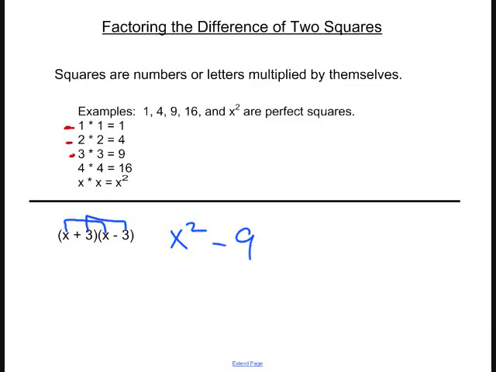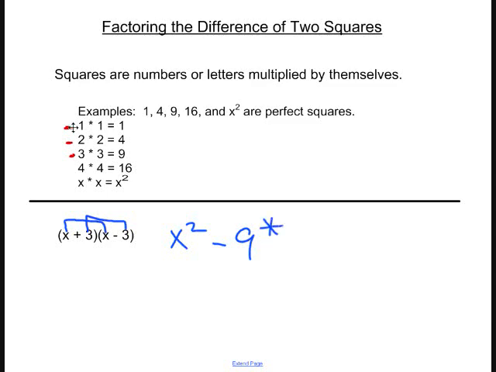So every single time that we have this situation, we always know that we can multiply first and last. And whenever we do that, we always end up with two squares that are being subtracted from each other. So x squared is a perfect square, and 9 is a perfect square, and they're being subtracted.